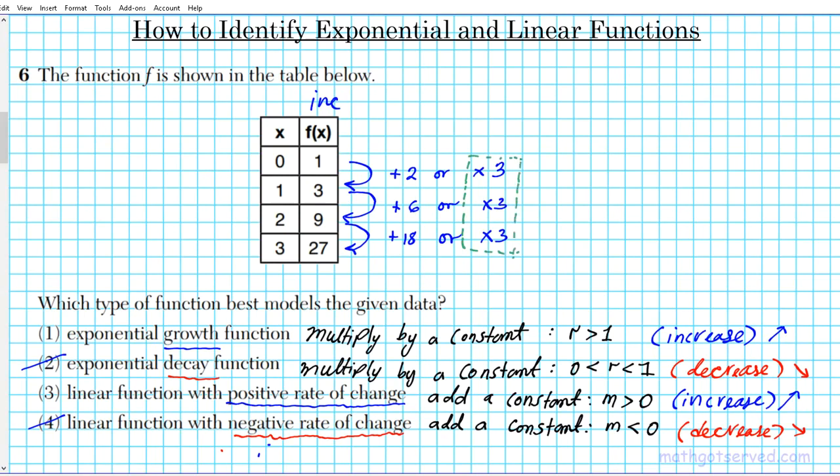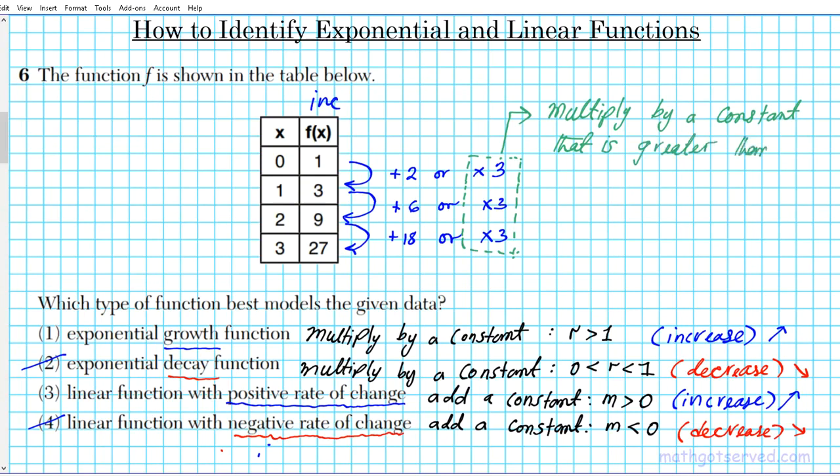Okay? All right, so let's write that down. So what's the deal here? When you multiply by a constant that is greater than 1, what kind of function is it?